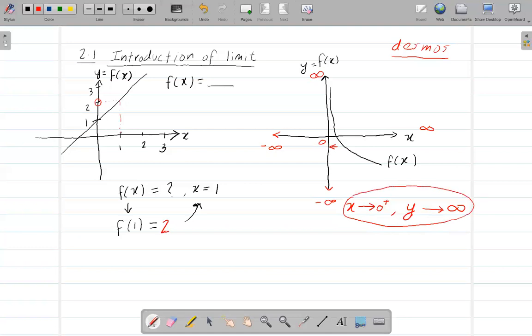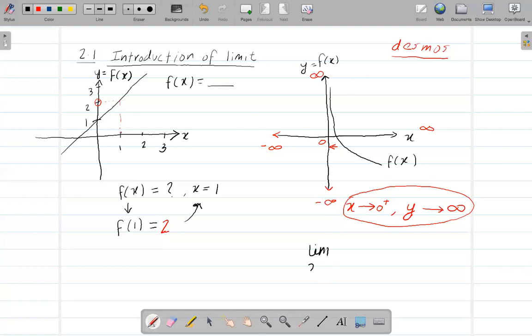Now, instead of writing this whole thing, there is a limit notation we can use. For limit, I can introduce lim, which is limit. Here we say x approaches 0 plus, or from the right.